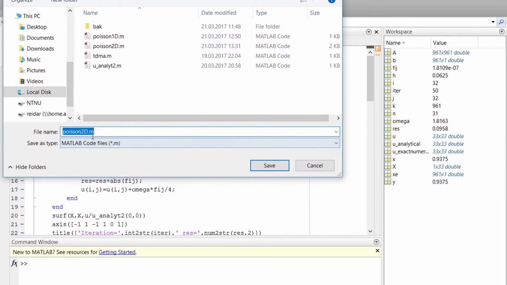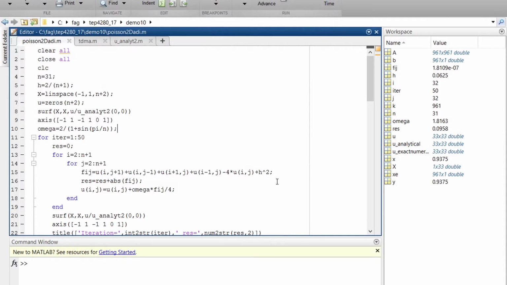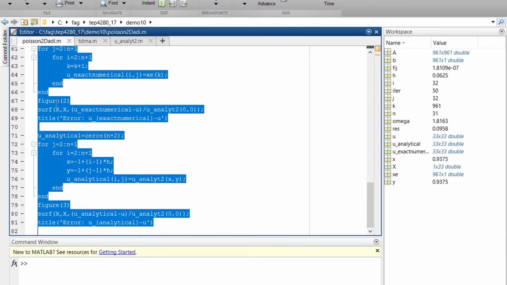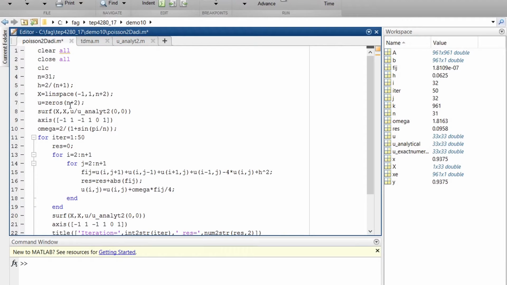I used the same setup, but I now call it ADI. ADI stands for alternating directions implicit. Coming back to that. But for now, delete the comparisons.